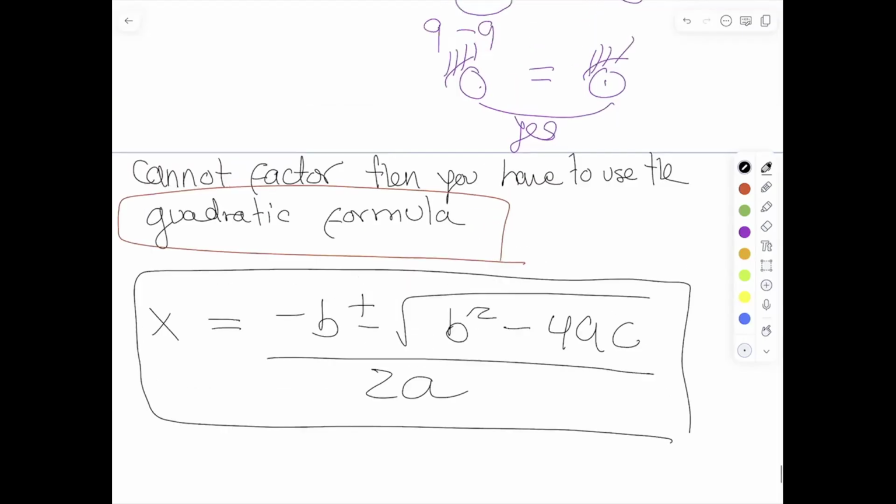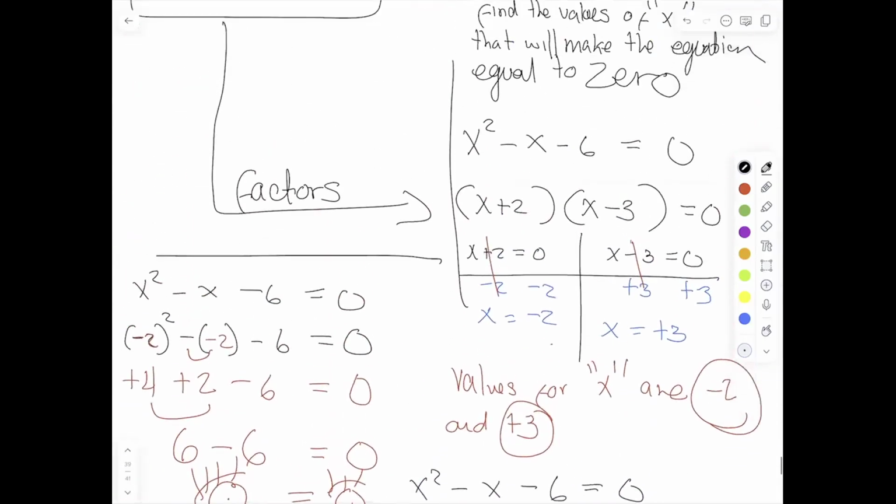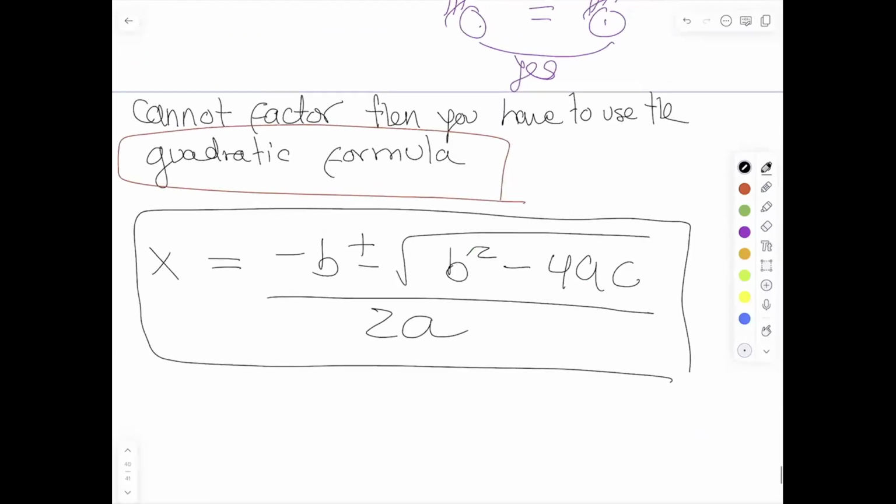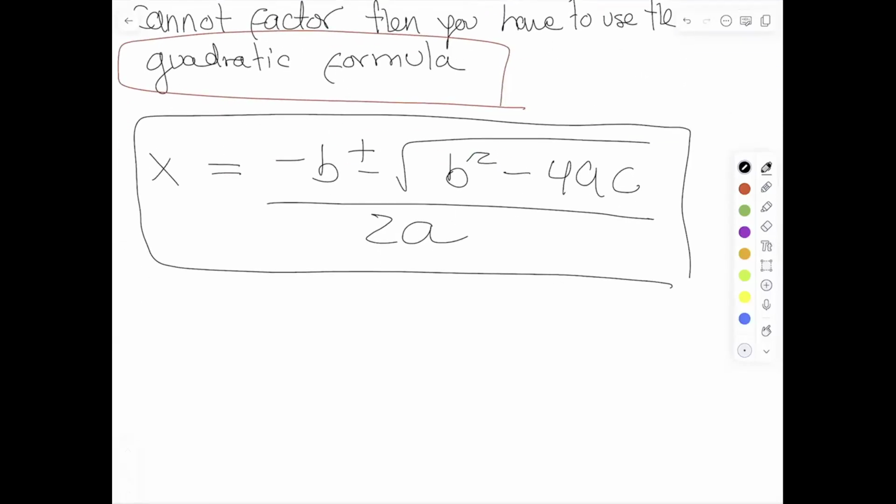So we're going to use the same problem that we just did here, using the quadratic formula. I know you can factor, but since you already know the answer, it's going to be easier. And then we're going to do another problem that you cannot factor. So let's do the easy stuff first. So I have x squared minus x minus 6 is equal to 0.